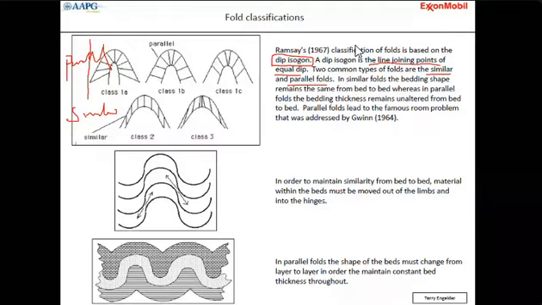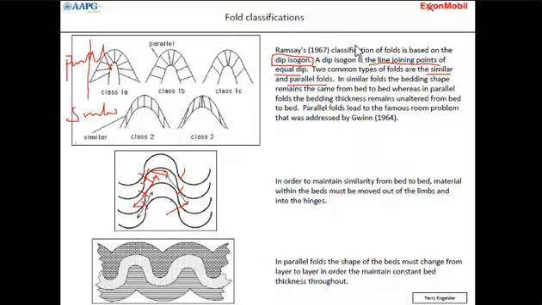And for you to have this sort of fold, it means that you have to move material from the limbs of the fold to the hinge area. You see how thin this limb area is? That's because to maintain this kind of fold, you have to move materials from here into the hinge area. So this is an example of a similar fold.